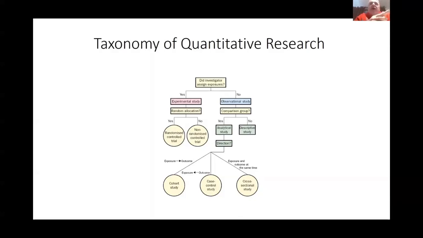If yes, if I assign participant 1 to group A and participant 2 to group B and so on, I'm intervening here. So that's what we call an interventional study. If I'm not getting involved, I'm just observing and keeping my arms crossed.